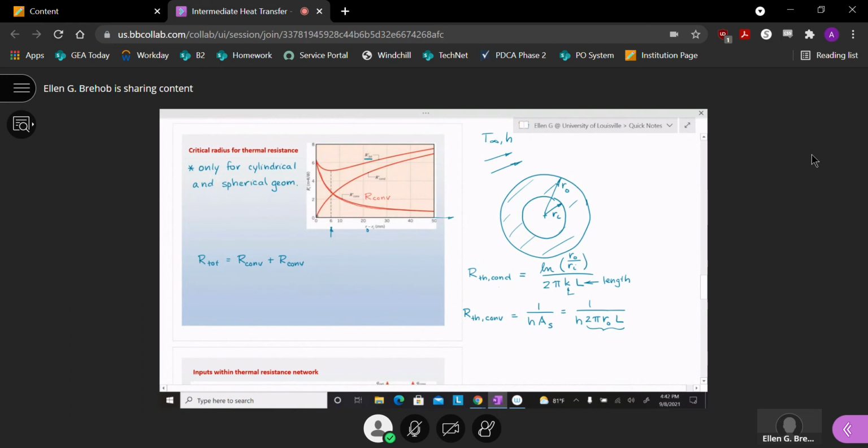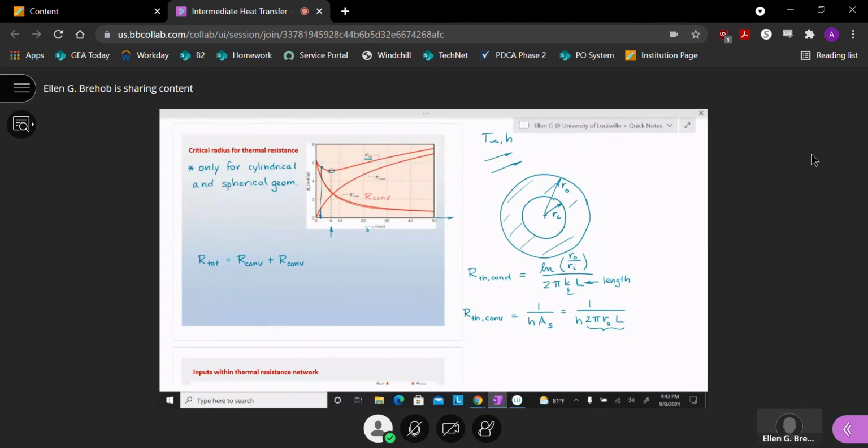So originally, I have no conduction resistance, and it's all convection. But at different places, I'm adding up this value, and I'm adding up this value. So I get up to this part of the curve. And because they are going in opposing directions, there is a place where I may have a minimum thermal resistance.